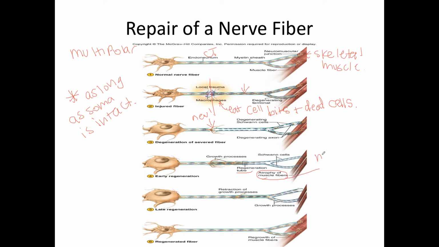So if you have a muscle that is denervated, so no longer innervated, so if there's no innervation, you get a loss of tissue equals atrophy.